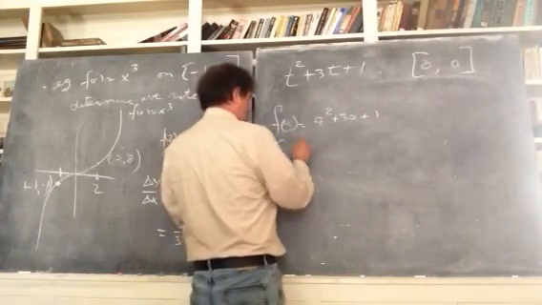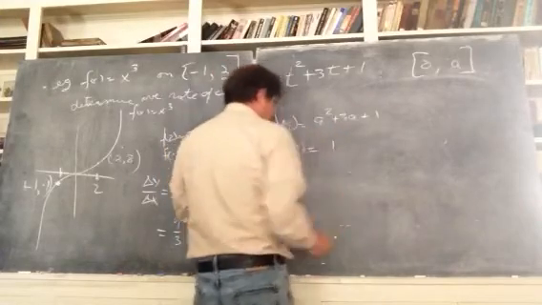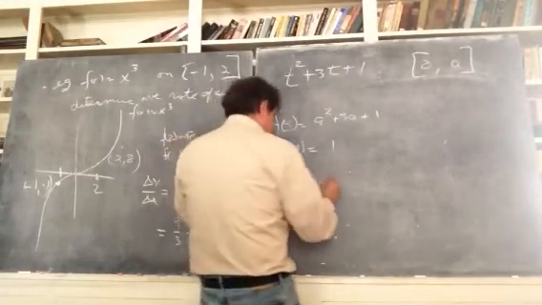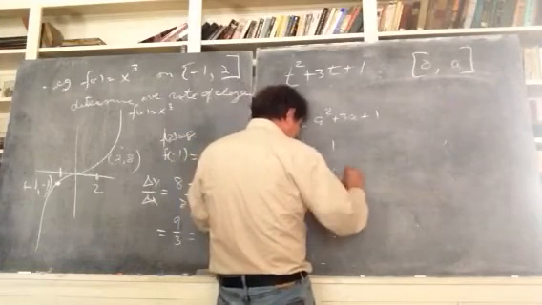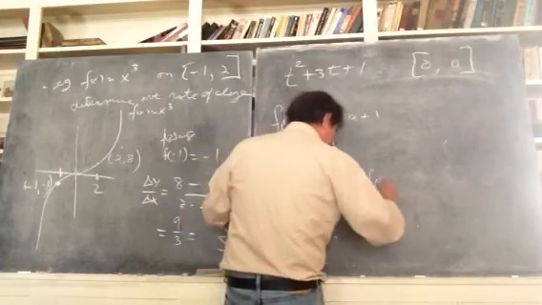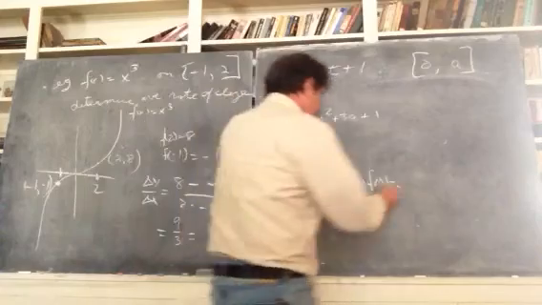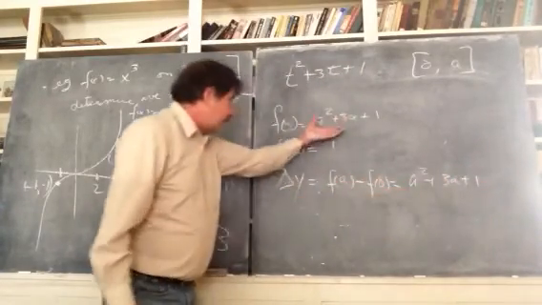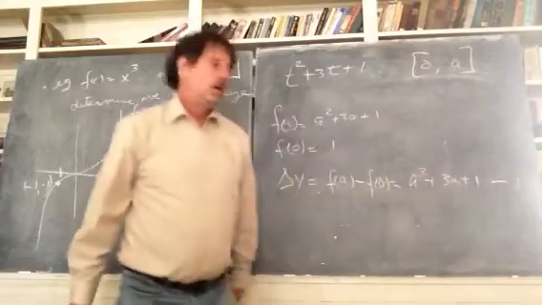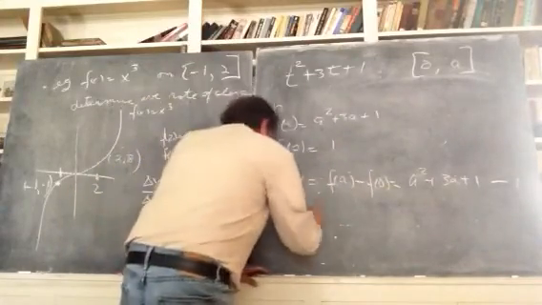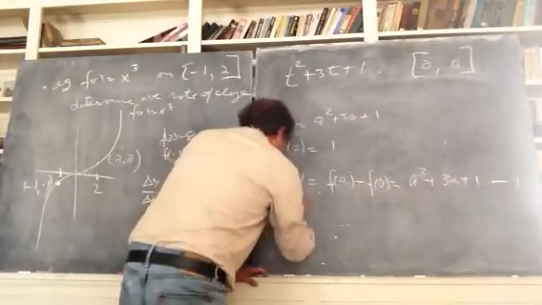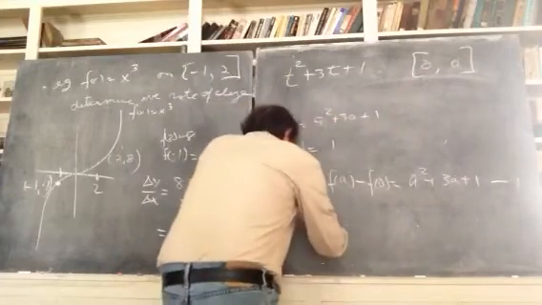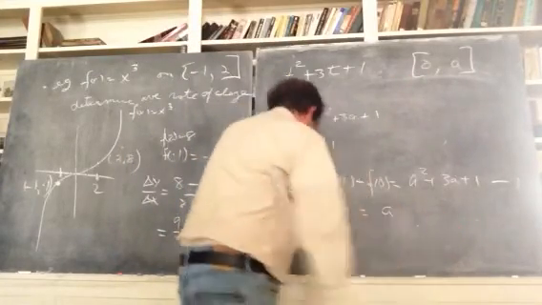F at 0 is 1. The change in y's is f at a minus f at 0, which is a squared plus 3a plus 1 minus 1, over the change in x's, which is a minus 0, a.